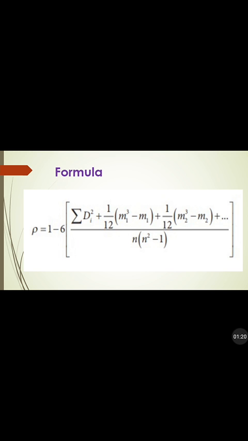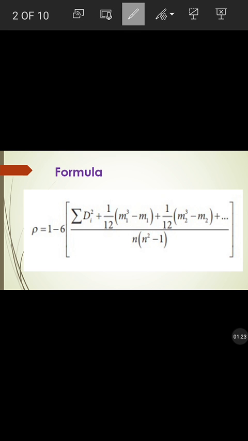In the previous two models, the formula was ρ is equal to 1 minus 6 into summation d square divided by n cube minus n. So here the formula is extended.